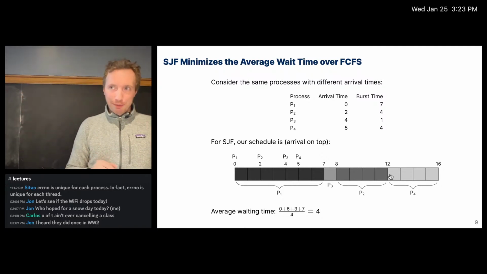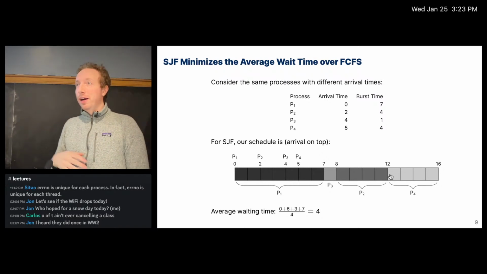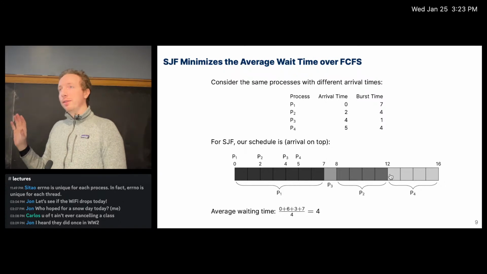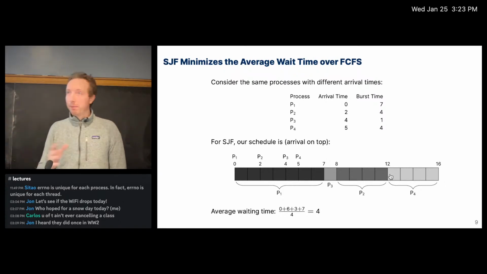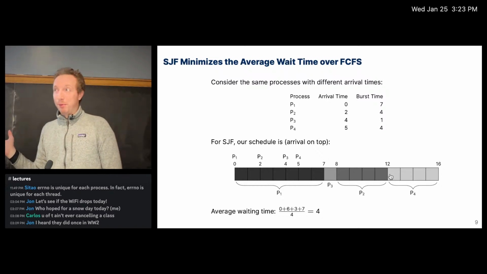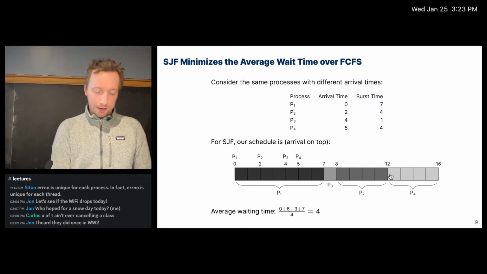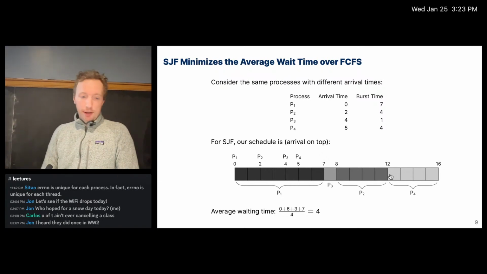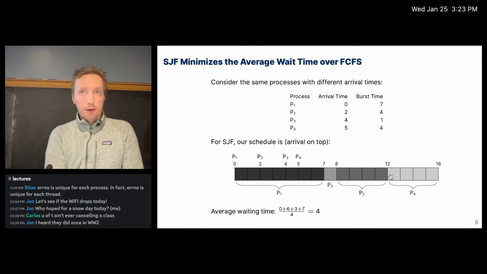In real life, you're not going to know the burst time. There's some research where you could perhaps use AI models to predict burst time, but if you're wrong, you might be much worse off than with a more general policy. So in this case, our average waiting time would be 4, if we just do the math on that.